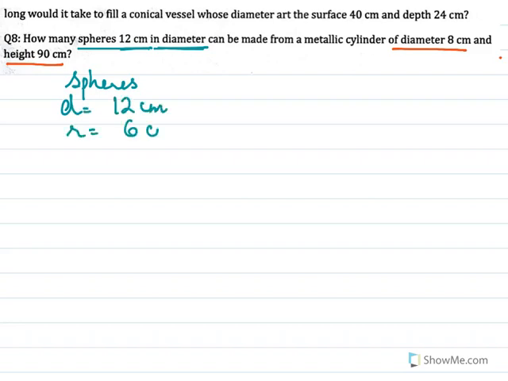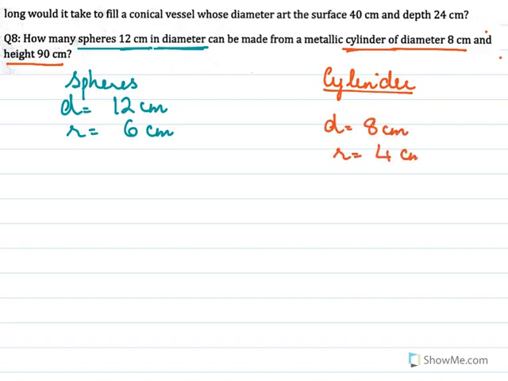So radius is 6 centimeter. And then here we have made into a cylinder. It could be also a wire. Wire also, remember, is a cylinder. So cylinder, and of cylinder the diameter is given 8 centimeter. So radius is 4 centimeter. And the height is given. So height here is 90 centimeter.